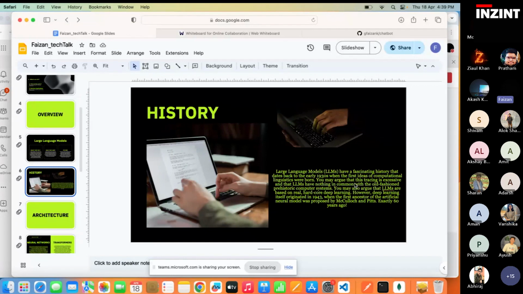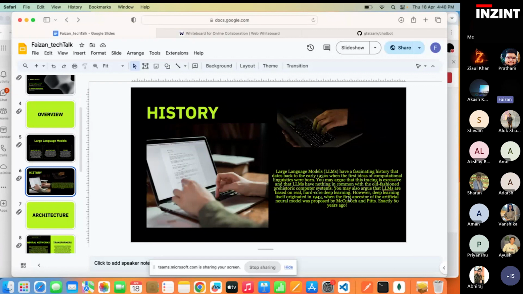One may argue that this tracing is excessive and that LLMs have nothing in common with the old-fashioned prehistoric computer systems. We might also have studied about Charles Babbage, the father of computers and modern computing. Talking about that time, we can argue that today's LLMs have nothing in common, but we will get an idea that LLMs are based on real hardcore deep learning, how they have evolved with time, how powerful they have become these days, and how efficiently they can help us with tasks.